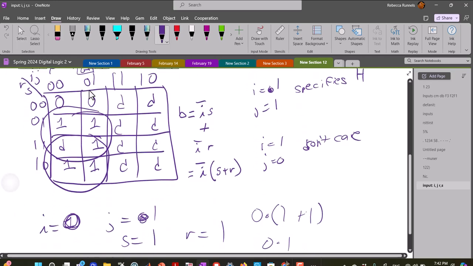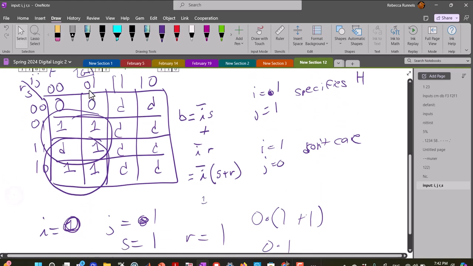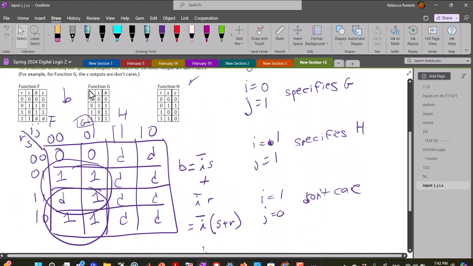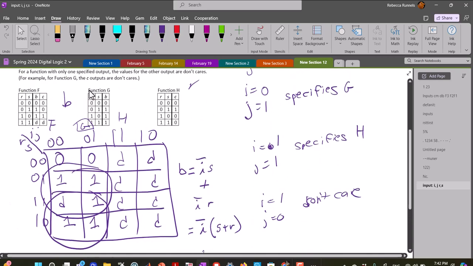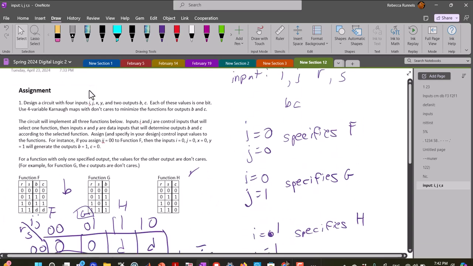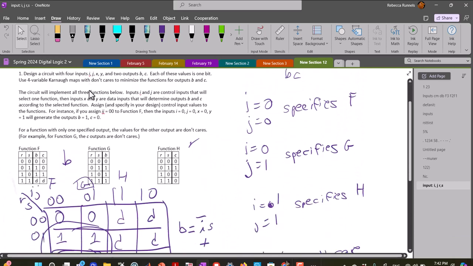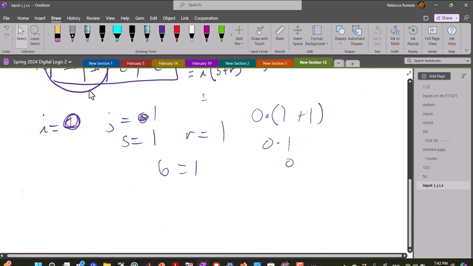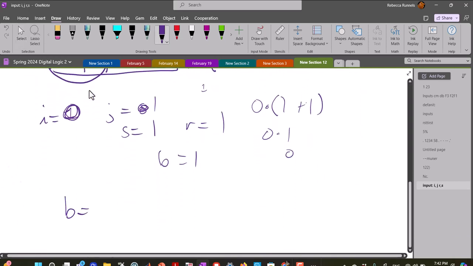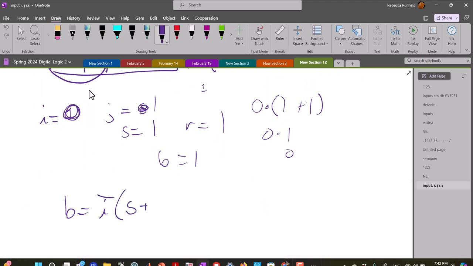And so I equals 0, so I bar is 1. And yes, so that does work. Okay, so that was just my little check that took me too long. So I now have that B equals I bar times S plus R.